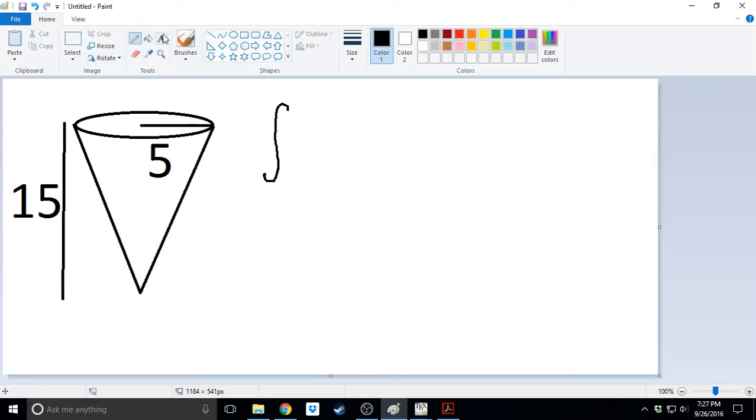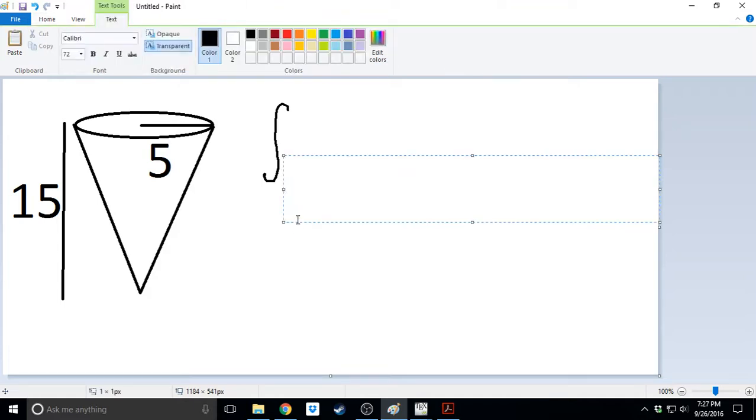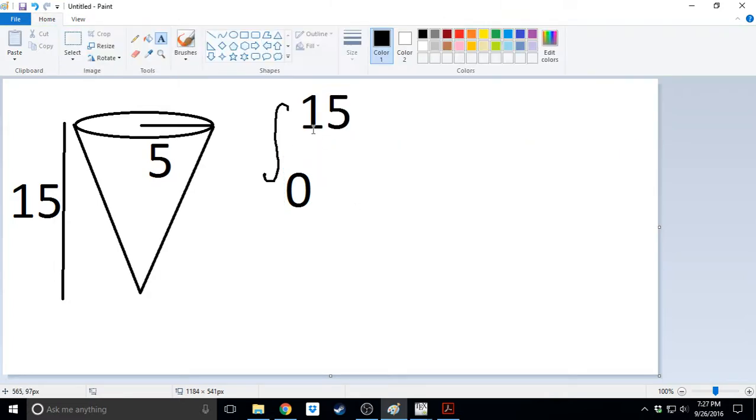So we're going to have to integrate from 0 to 15. Oh, okay. So I guess I skipped ahead a little bit. First, we want to talk about how to find the work that's involved in doing this.